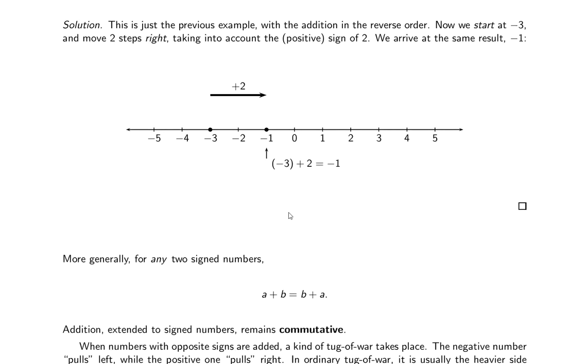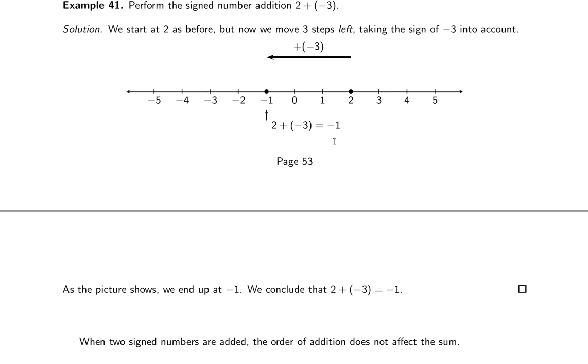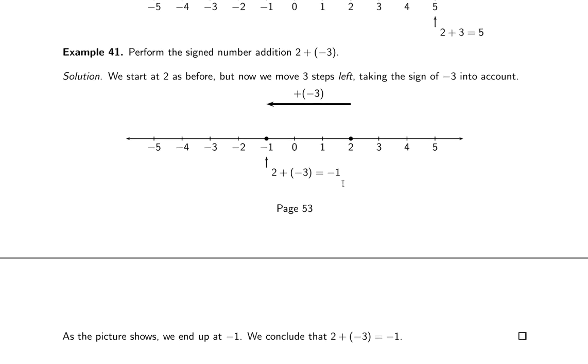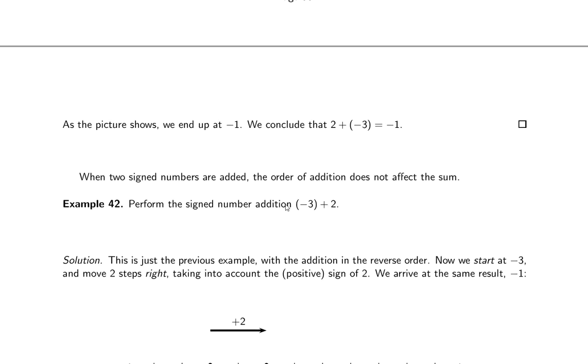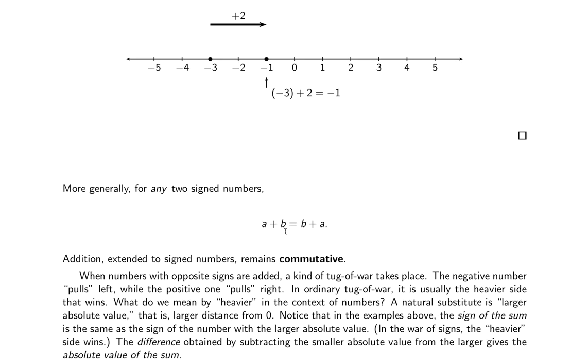And they're making the point here that -3 plus 2 is the same as 2 plus -3. You end up at the same place. You always expect addition to be commutative. If you add two numbers of any signs, the order doesn't matter.